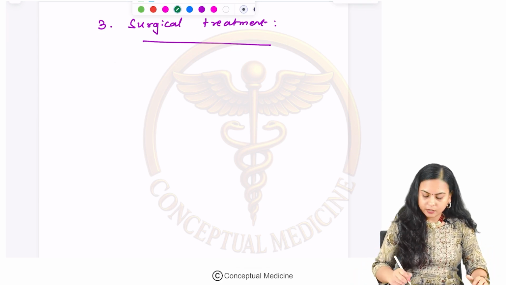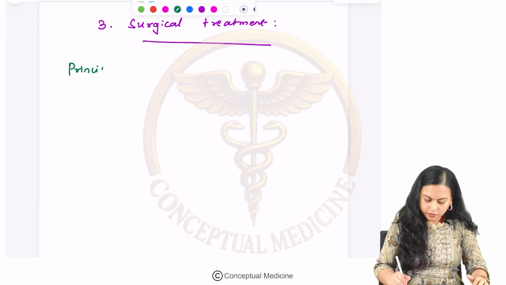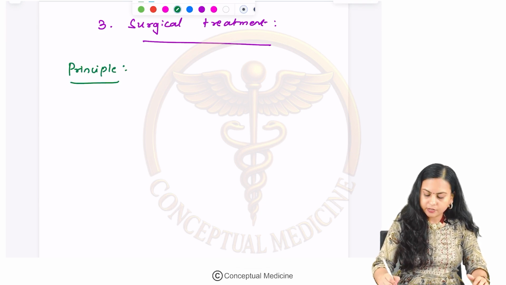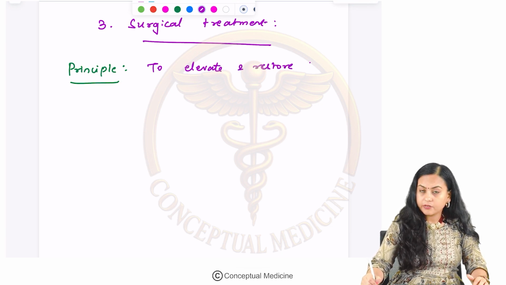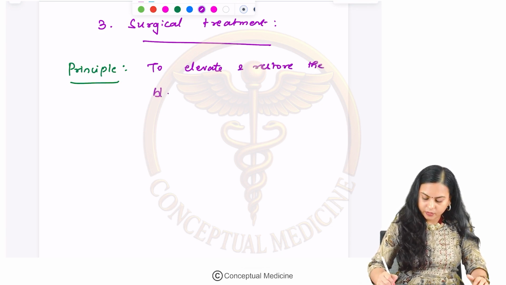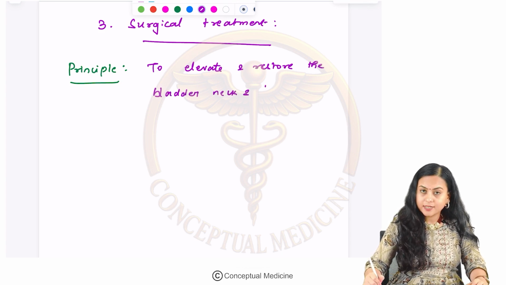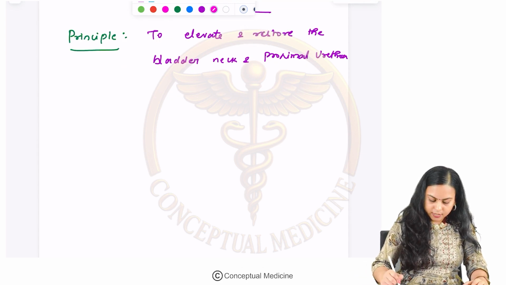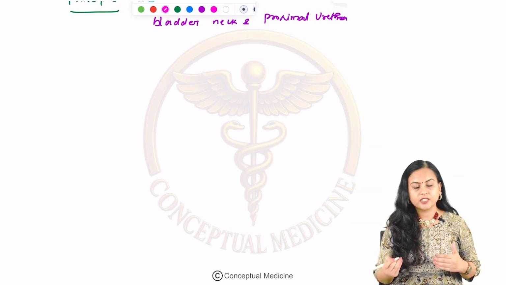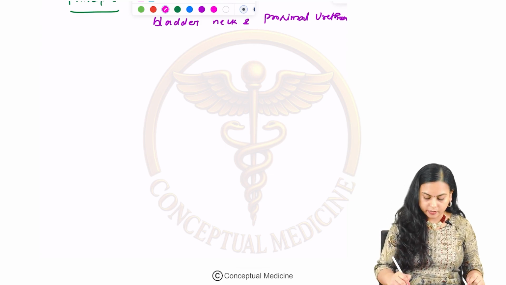The principle of surgical management is to elevate and restore the bladder neck as well as the proximal urethra. Clear? So, we have some vaginal surgeries for stress urinary incontinence.